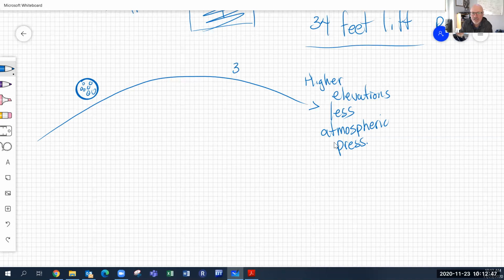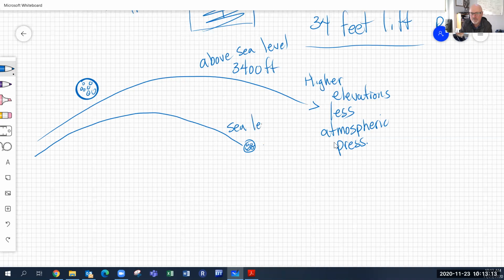Calgary is about 3,400 feet above sea level. Now in Vancouver, where I'm at sea level, my golf ball does not go very far. My golf ball goes farther in Calgary than it does at sea level. The air is basically heavier; there's more atmospheric pressure on us at sea level.